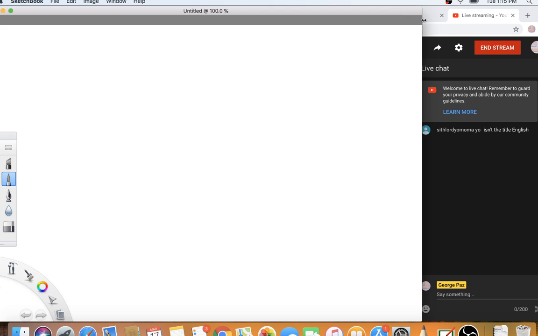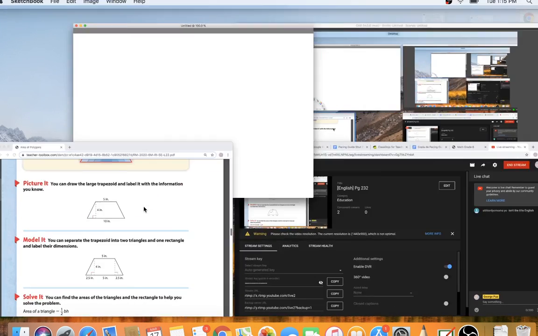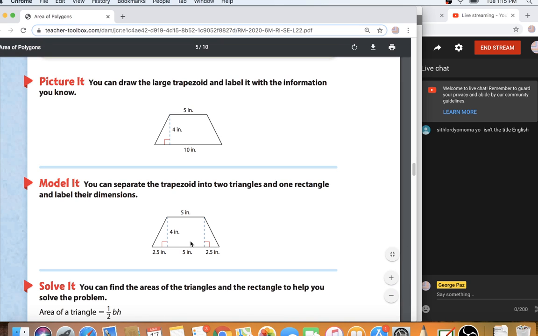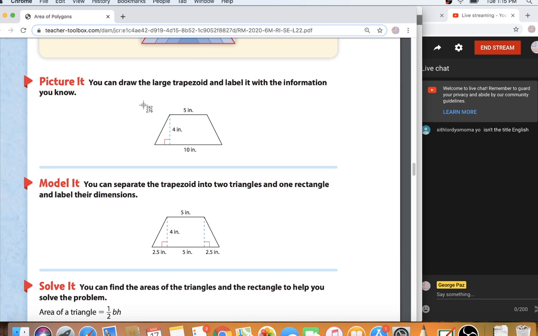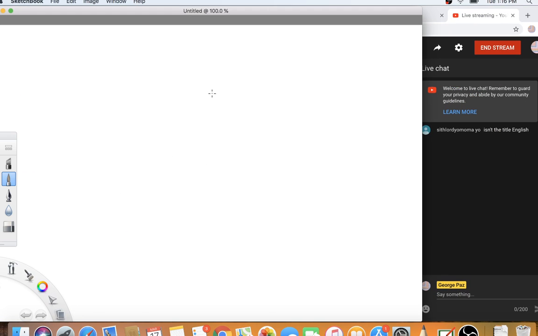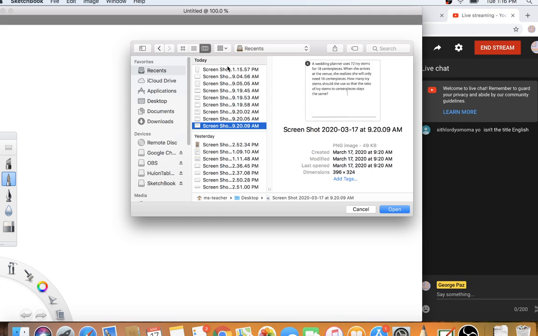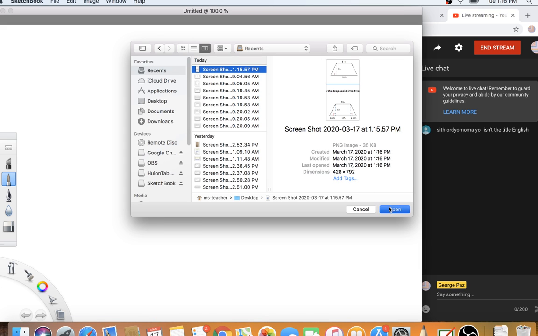But again, I wanted to explain real quick how they got from here to here. I've got to get used to this. So let's screenshot it real quick. If you don't know, on the Mac it's Command Shift 4. We're going to paste it onto our drawing board. I think I'm getting better at this. Let's see, open, recent. Where's this screenshot? There you go.